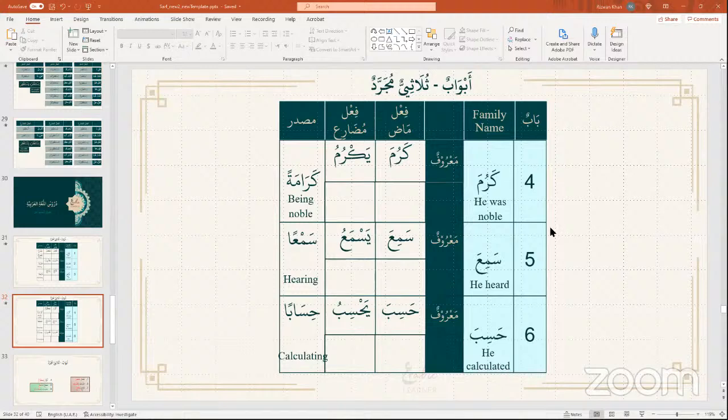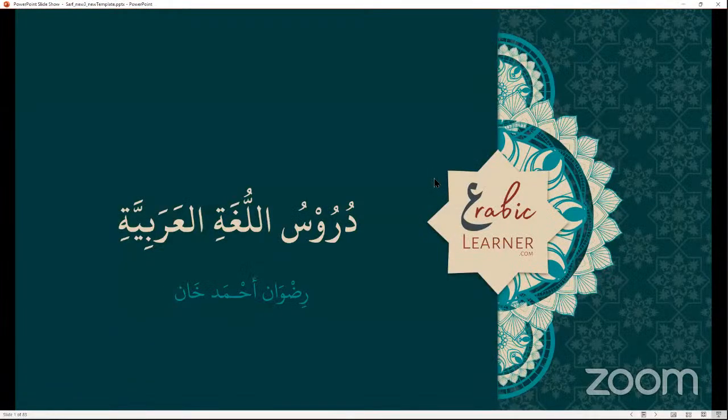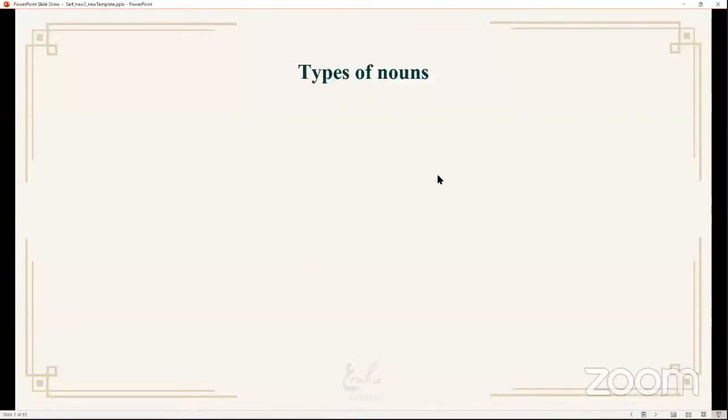I'm going to take the new topic today now. You remember, brothers and sisters, before I mentioned masdar, I spoke about 3 types of asma.